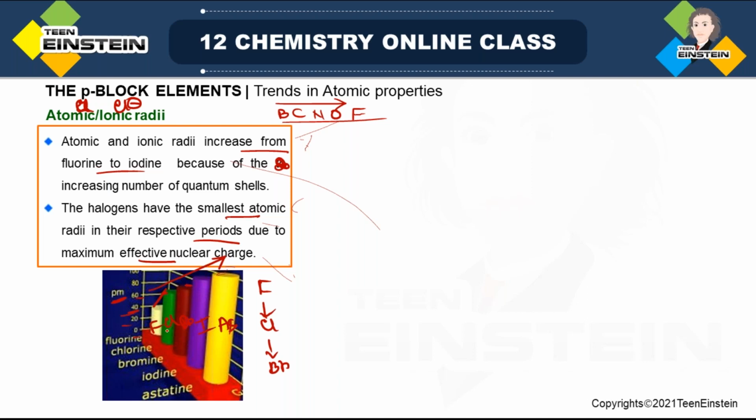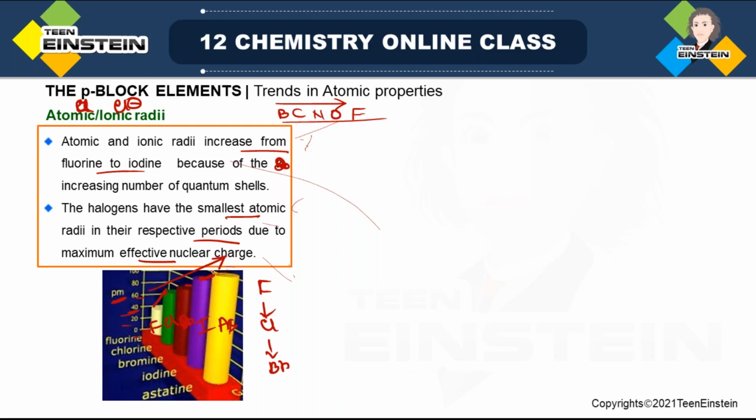Though it is not very easy to understand from this picture, remember that when you actually see the values in picometer, the first jump, the gap, is very high. But as you consider the other gaps, especially see the gap between iodine and astatine is very low.